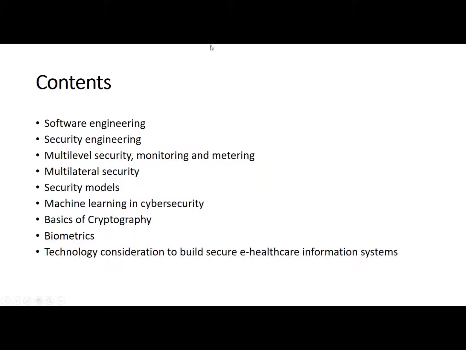Okay, there are more topics. All of these things relate to security engineering. For example, multi-level security, monitoring, multilateral security, and security models. All of these belong to security engineering.